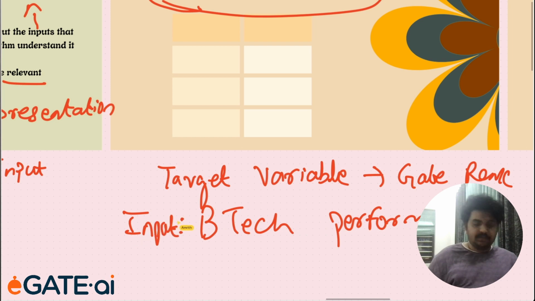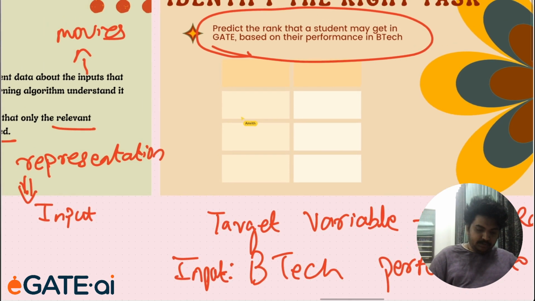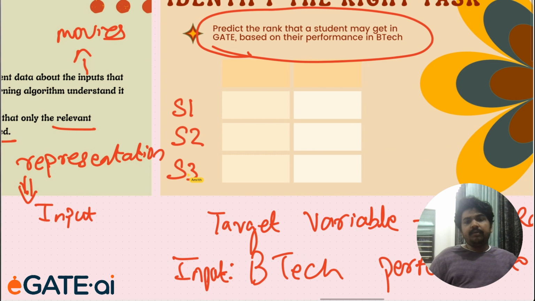In this question, the variables that need to be mapped are given explicitly. For each student, let's say student 1, student 2, student 3, we can represent our data as a row consisting of two values, or the overall data set can be represented as a table of two columns.